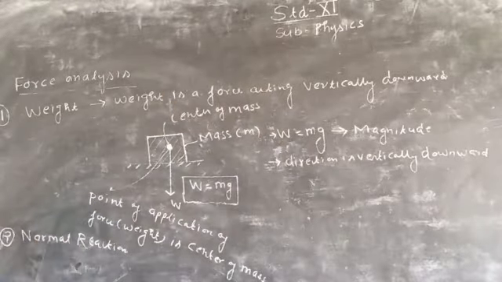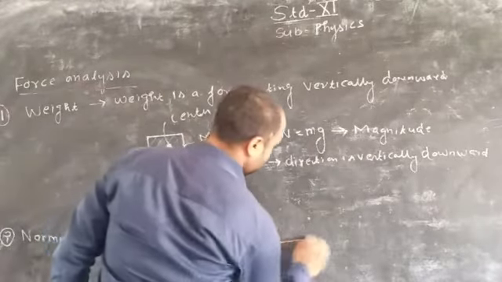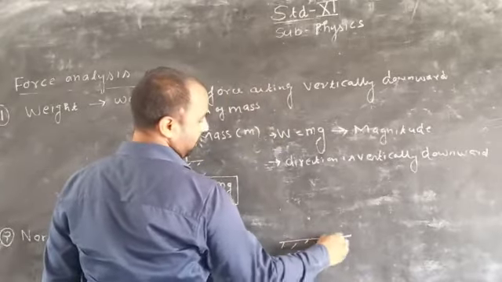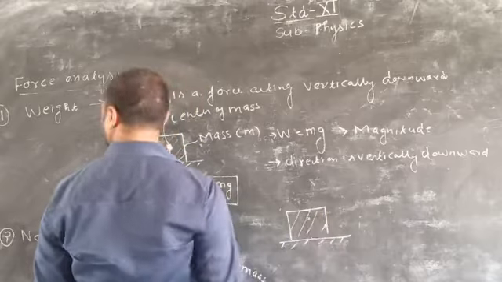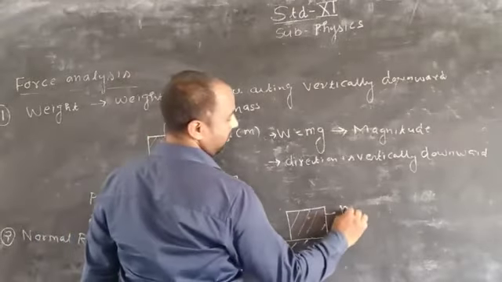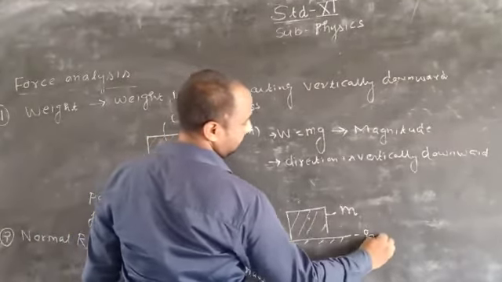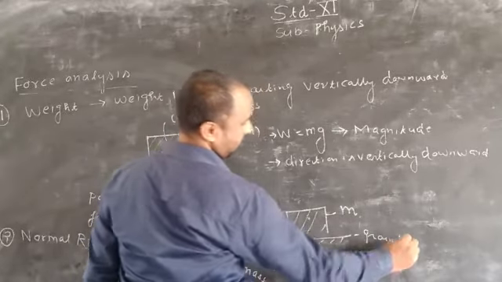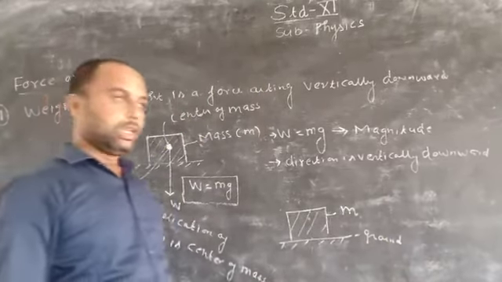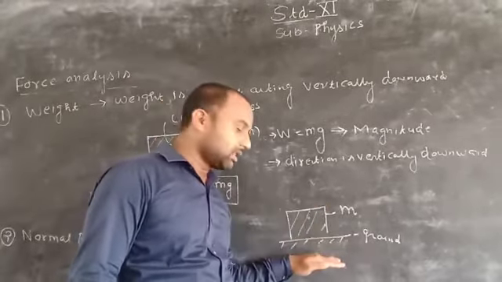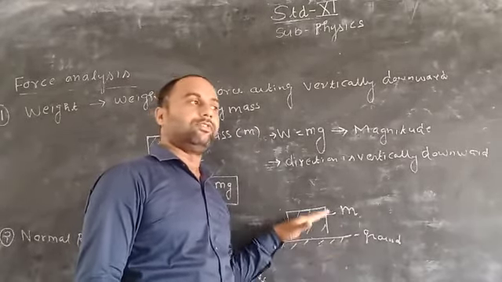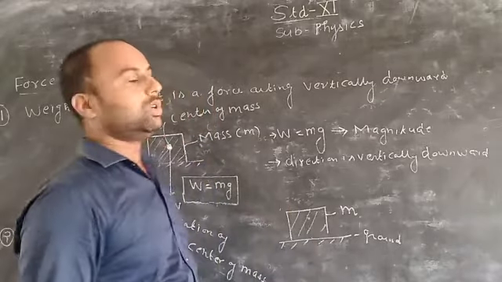How can the normal reaction be defined? Suppose this is the body and this is our block. This block is placed on the ground. This block compresses the ground because of its weight.